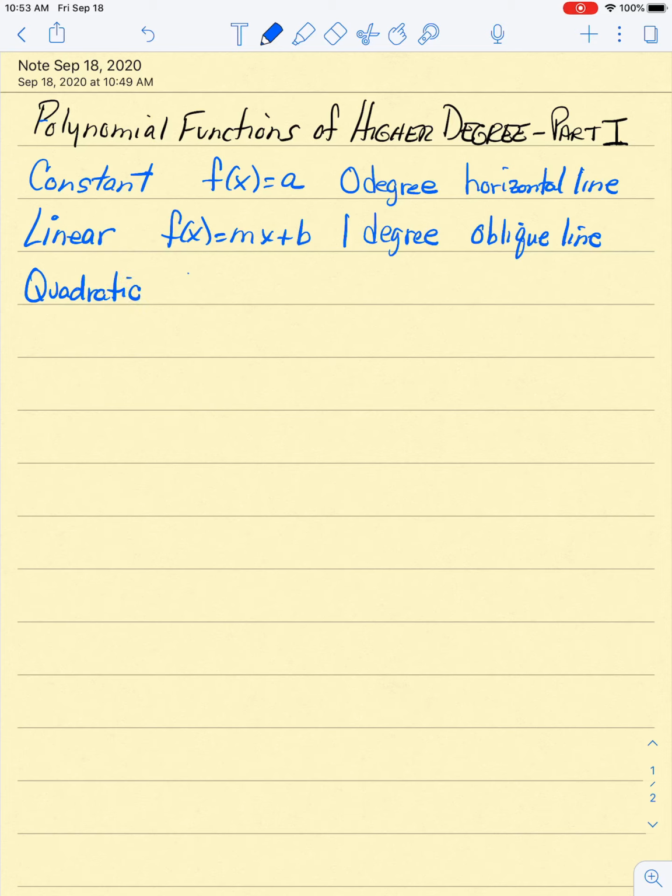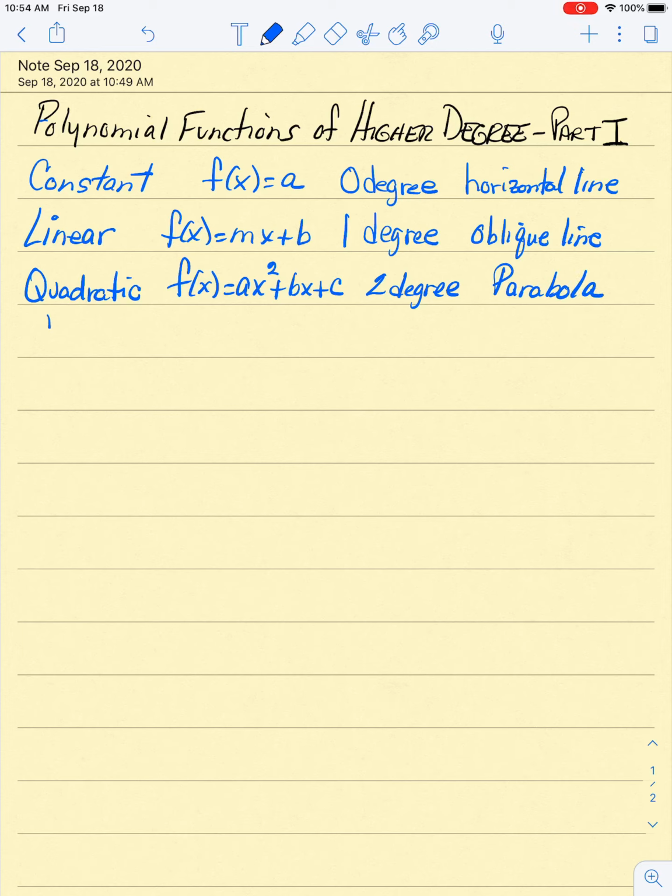All right, quadratic. Basic quadratic, f of x equals ax squared plus bx plus c. 2 would be your degree, and we know that graphically to be a parabola.